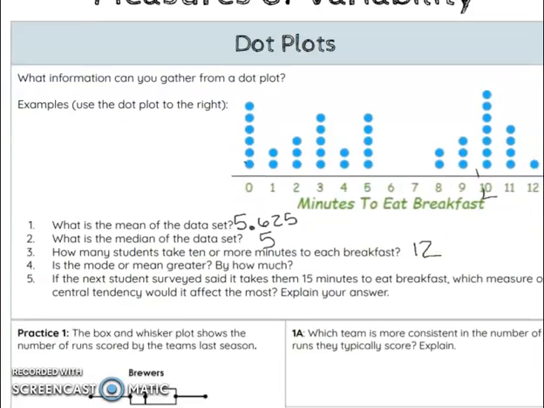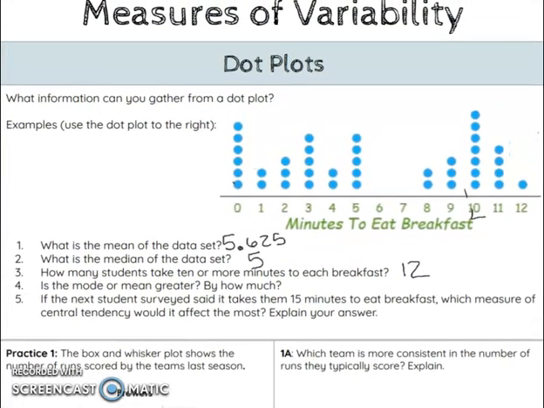Number 4, is the mode or mean greater, and by how much? So it's very easy for us to see what the mode is on a dot plot because I'm just going to look for the tallest amount of dots, or like the tallest tower, which would be right here. So that's the mode. We already found the mean was 5.625.